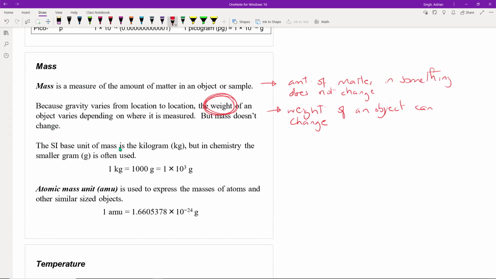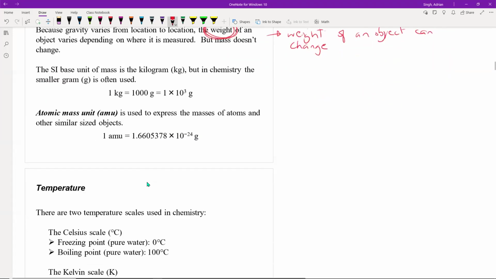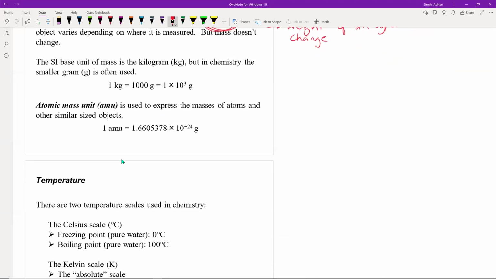We saw before the SI base unit for mass is a kilogram, kg, small k, small g, but in chemistry, we use a little bit smaller unit, which is a gram, more frequently. When it comes to the sizes of atoms and the masses of atoms and these really, really tiny things, even subatomic particles, for instance, we use an even smaller unit called the atomic mass unit, or AMU.